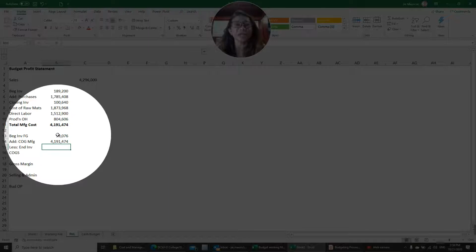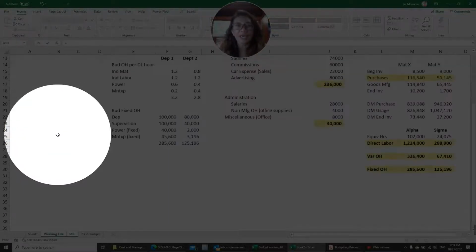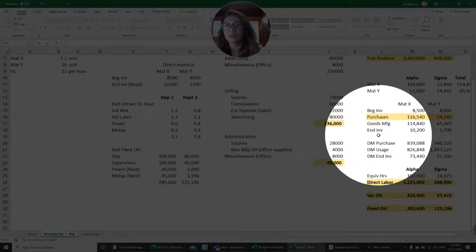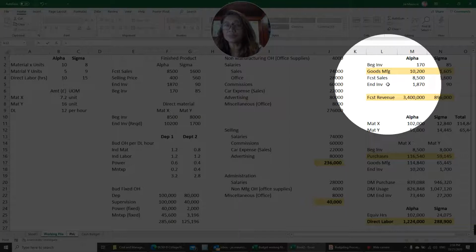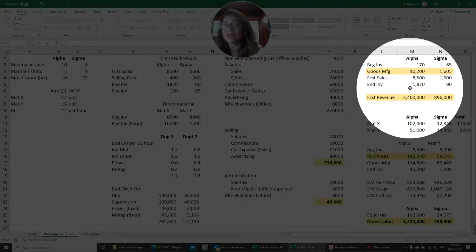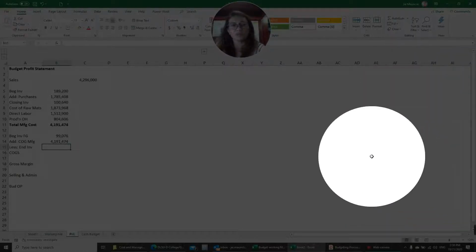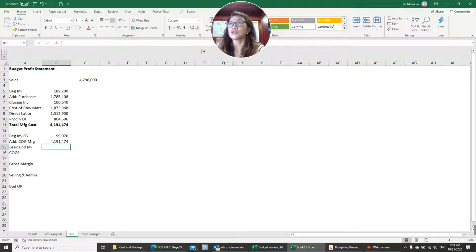Now, in terms of ending inventory, how much is our ending inventory? I think it is here. Is it here? We have here the end. Oh, I wasn't able to compute it yet. Let me check if I have computed for it.